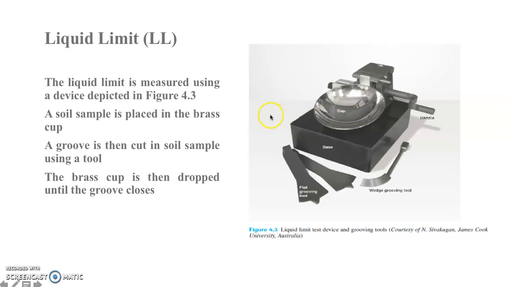You record the moisture content and the number of blows N as the middle part of the soil sample touches. For example, N is equal to 16, and you have a corresponding recorded moisture content. Supposedly, that will represent the liquid limit.